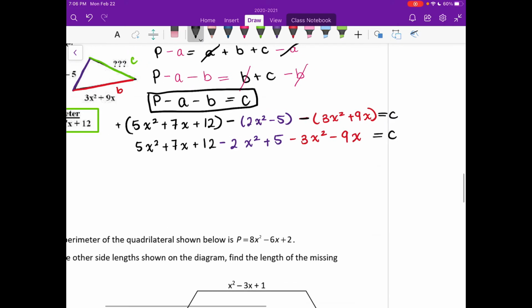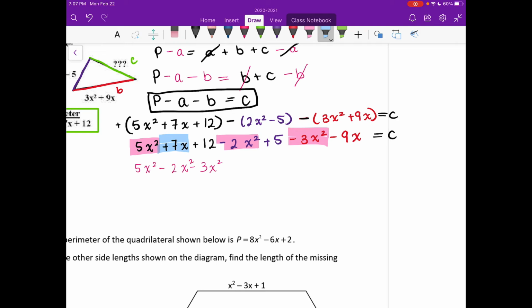Now we're going to go back and collect our like terms. So let's start off with all the x squared. So we have 5x squared, we have 2x squared, and then we have -3x squared. So let's just write those all together. I'm just going to write them in pink. So it's going to be 5x squared, and you're more than welcome to just do this step in your head. Just writing it out so that you can see. 5x squared plus 2x squared minus 3x squared. I'm going to do this in blue, the next one.